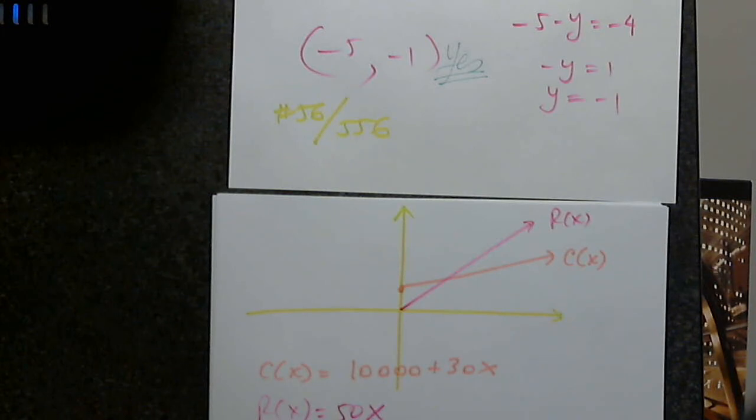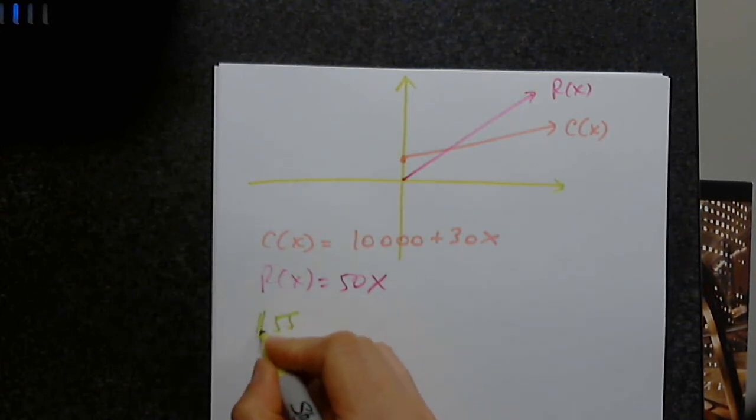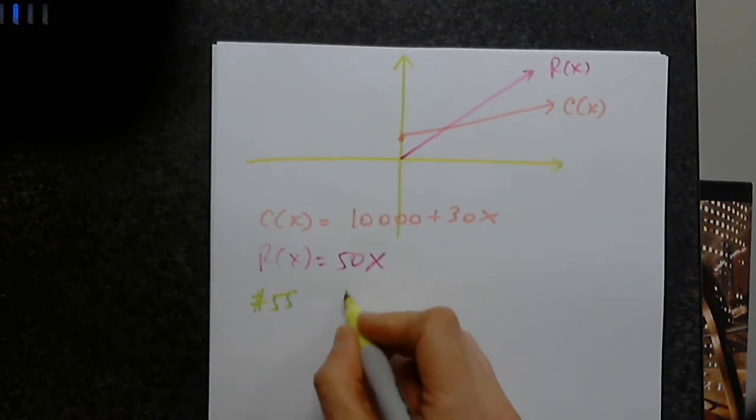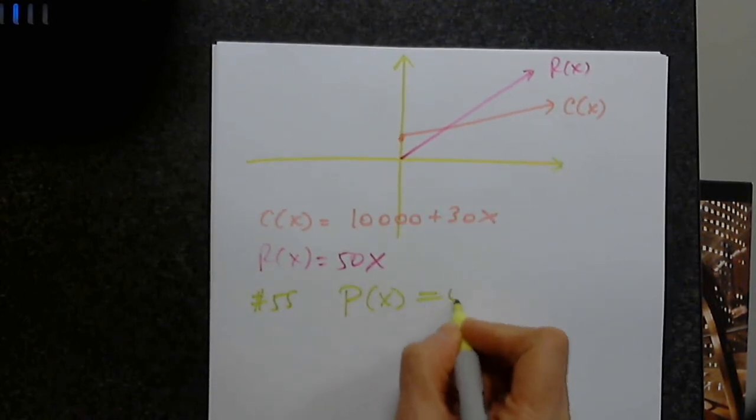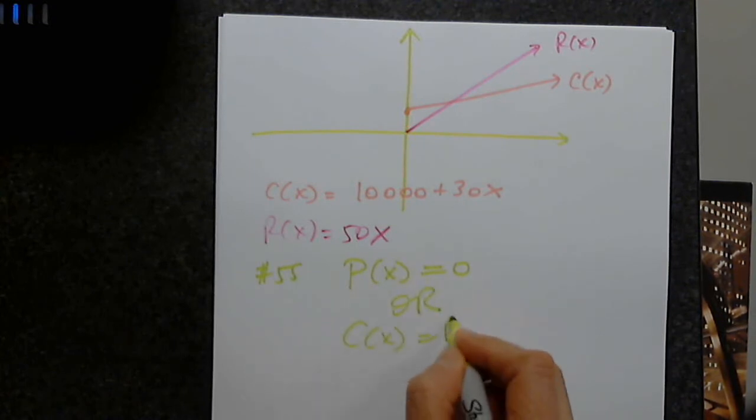What does breaking even mean? Right. In other words, money coming in, which is revenue, is exactly equal to the cost. So in 55, break even means profit equals 0 or cost equals revenue.